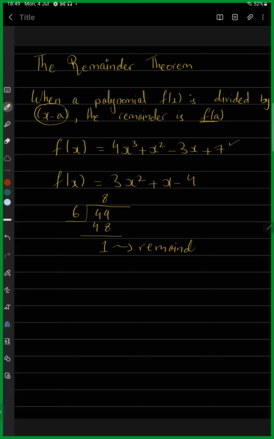But here we are not discussing numbers. Here we are talking about polynomials and then their remainder, okay? So this is the idea about simple numbers, but what we are discussing are basically polynomials.